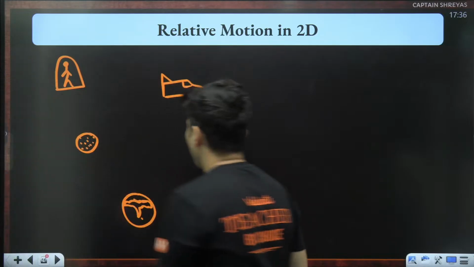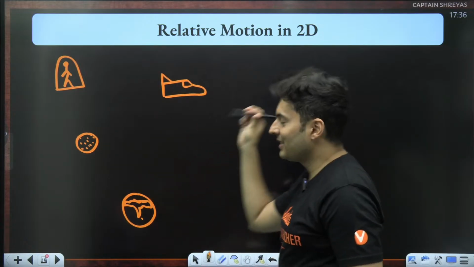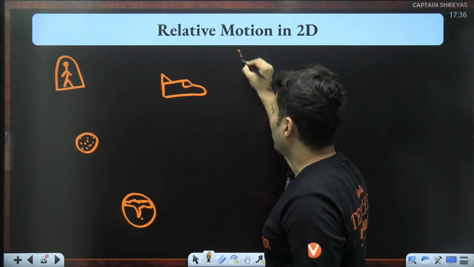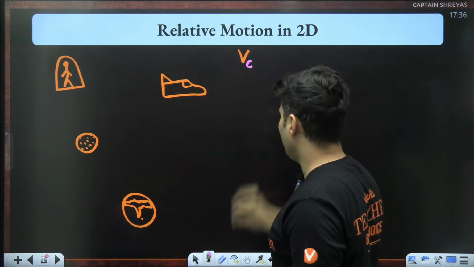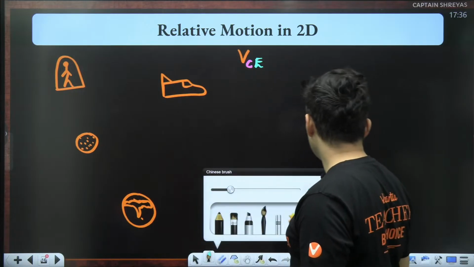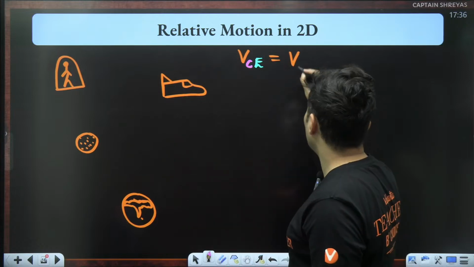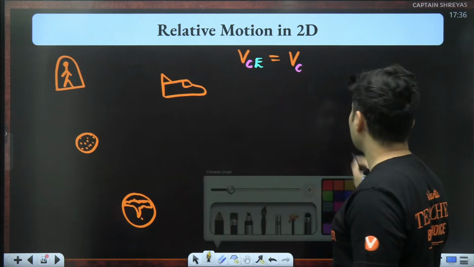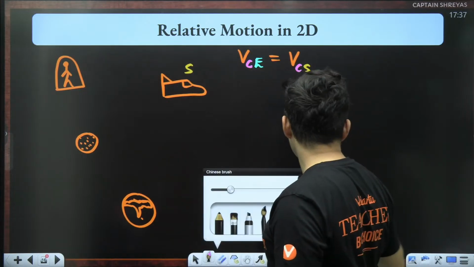And let's say you want to go from one frame to the other frame of reference, and I ask you, what is the velocity of Champa with respect to the earth? You can say, okay sir, I know the velocity of Champa with respect to the spaceship. Champa is this one.